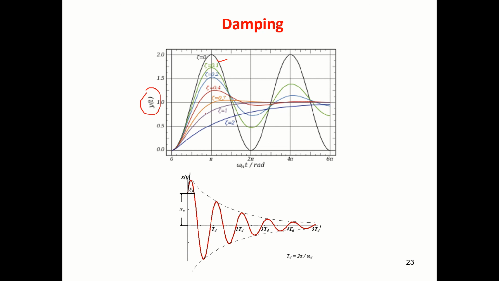But we must be careful. Why should we not make zeta equal to 1, zeta equal to 2? Why should we have an underdamped system? The idea is reaching this settling value. How fast one can reach the settling value is a very important thing. So for a particular zeta value, though it oscillates, it will settle down very fast.